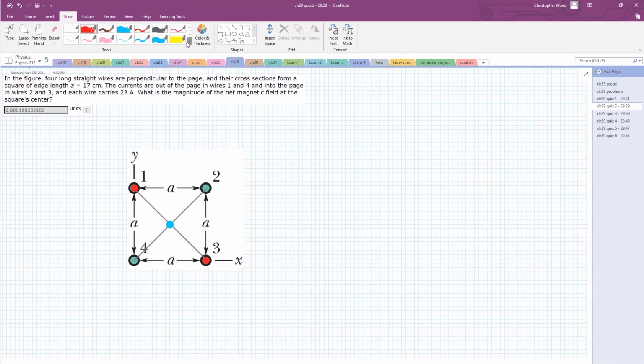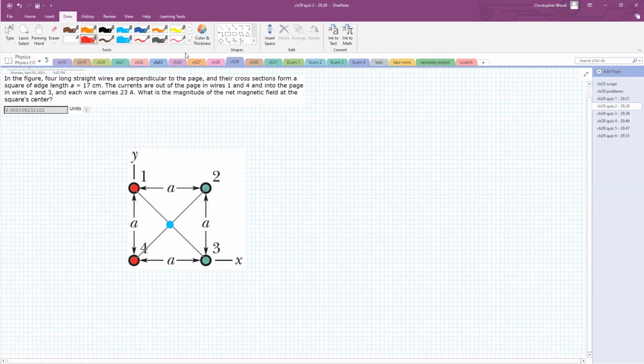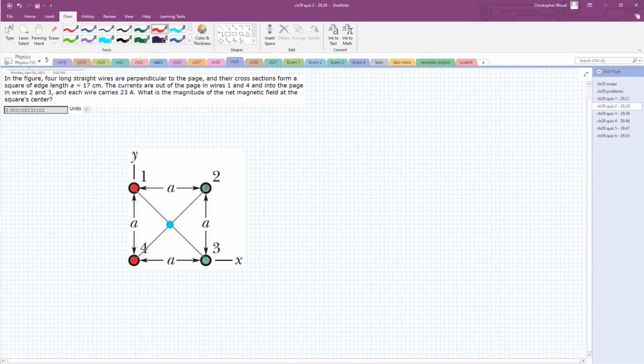So wires 2 and 3, those get an X. Except that, why did I draw that? So, error correction. Wires 1 and 4 get a dot. It's the tip of the arrow. Wires 2 and 3 are going into the page, meaning away from your eyeball, meaning tail feathers. There's a tail feather, and there's a tail feather.